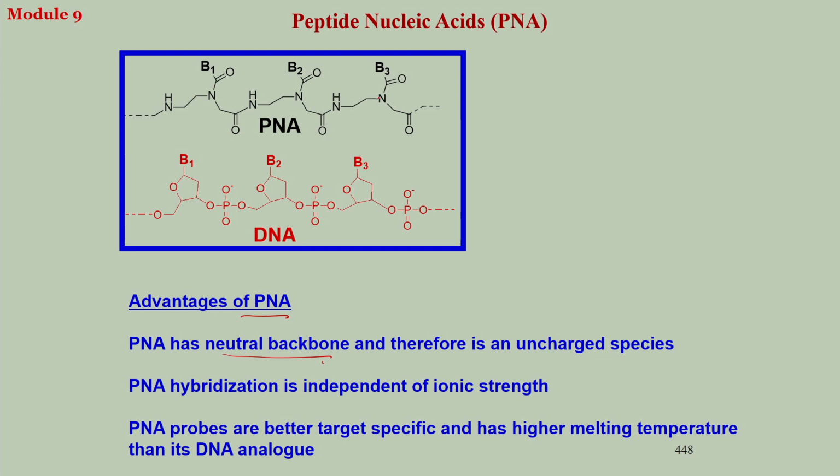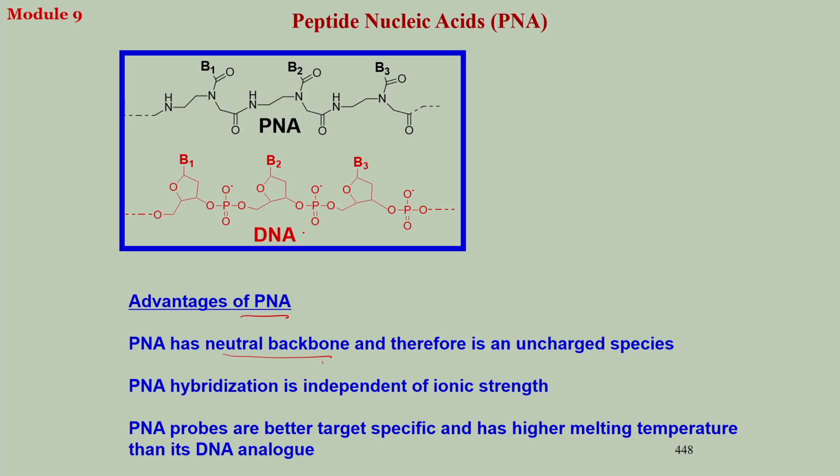Since this is neutral, no matter how much salt you use, or you do not need to use a salt when you have a PNA hybridization, you do not need to counterionize the charge. Usually you have to use sodium or magnesium chloride when you have DNA hybridization to neutralize the negative charge on the phosphates. That is not required in PNA.